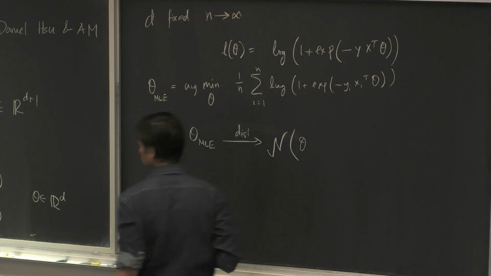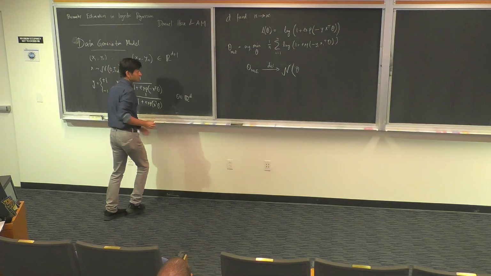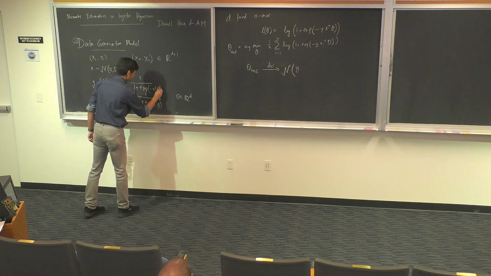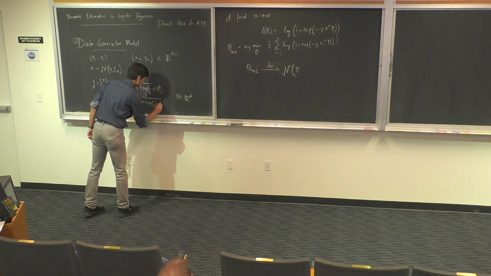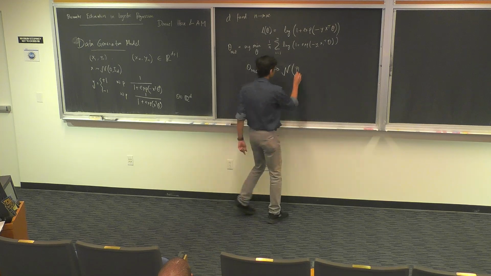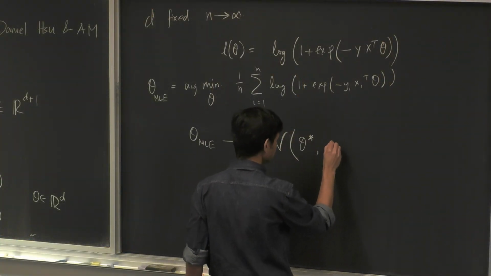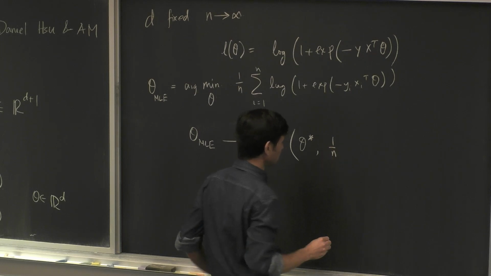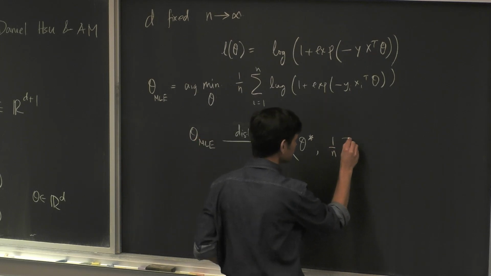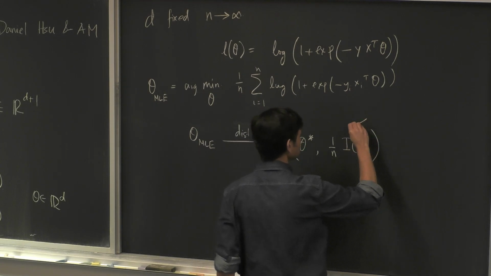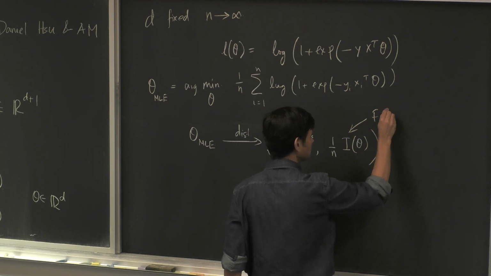Let's give it a name, theta star, which is the true theta. It has a covariance matrix, which is the inverse of the Fisher information matrix.